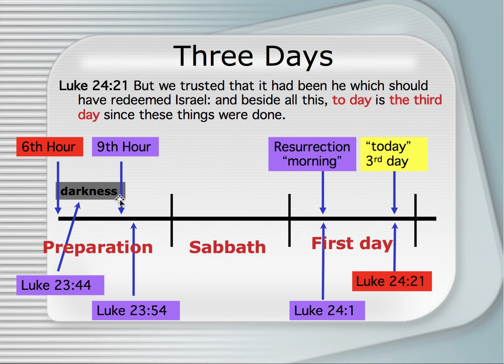Entirely consistent with what we saw in Acts chapter 10 and how we understand the days from not just the Greek perspective of Cornelius, but the Jewish perspective. So that day was the preparation day, preparation of the Sabbath. Christ rested in the tomb on the Sabbath, and then Sunday morning, first day of the week, very early in the morning, he rose from the dead. Praise the Lord.